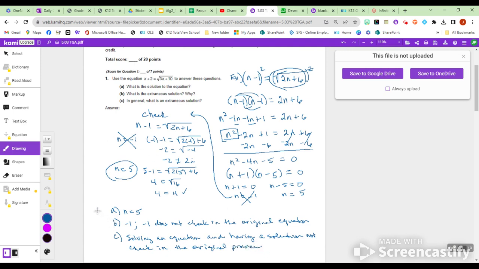So make sure that you go back, make sure that you show your work for your solving, go back and make sure that you answer the A, the B, and the C.